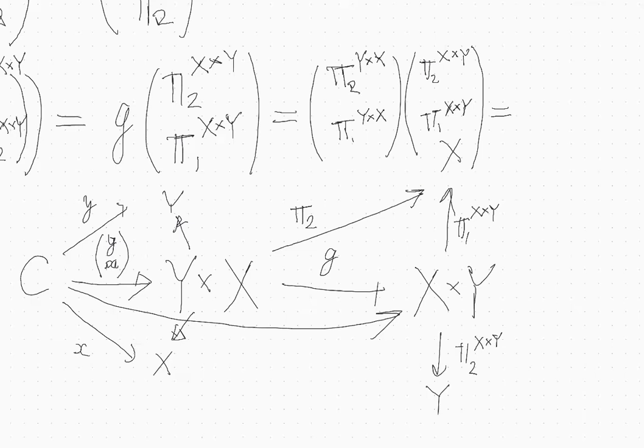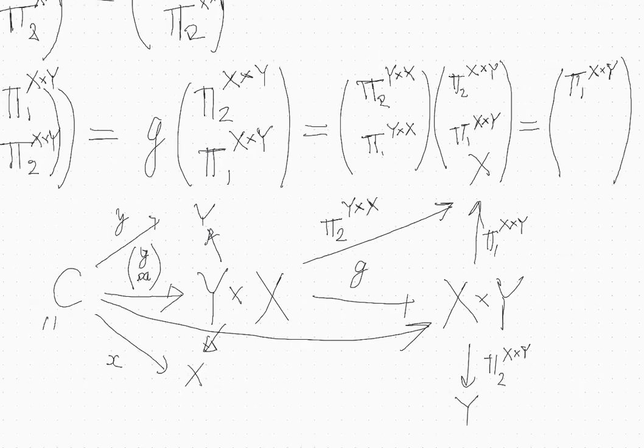And pi2 composed with yx is going to give me x, which in our case is pi1 of x plus y. Remember that C was x plus y, and x was pi1 of that x plus y, whereas y was pi2.